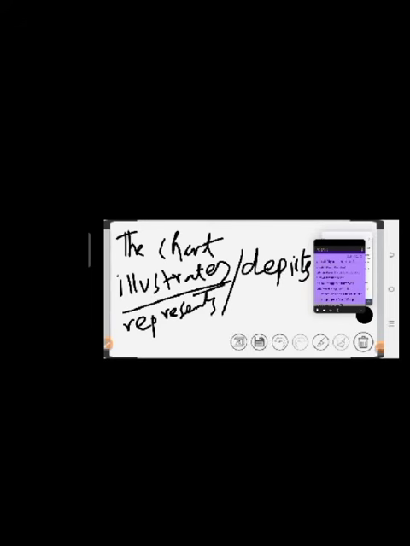Since there are two charts, we are going to write the charts illustrate, in present indefinite tense.